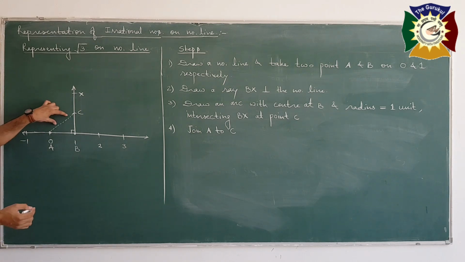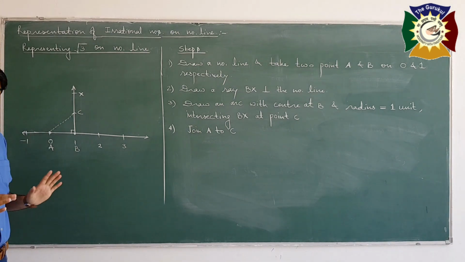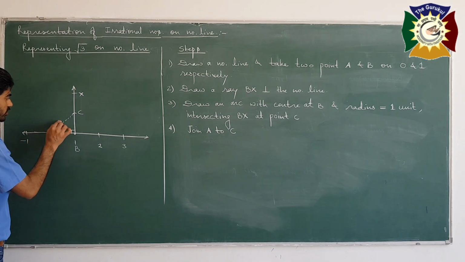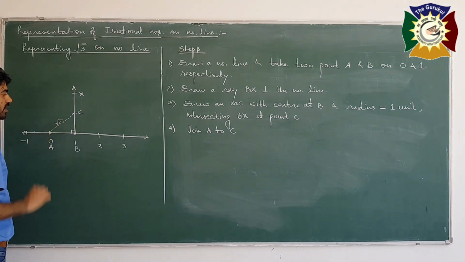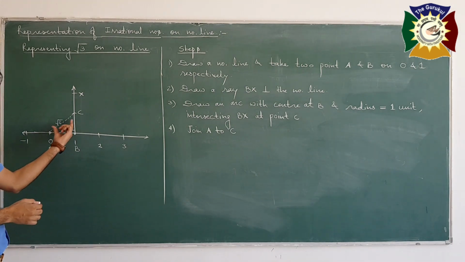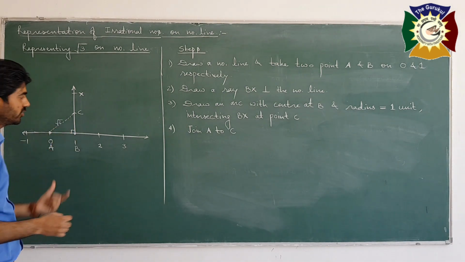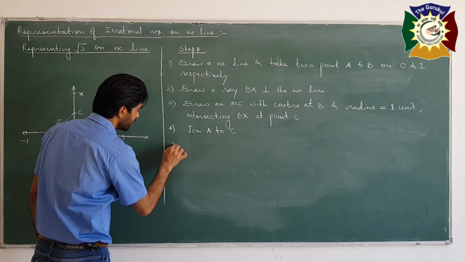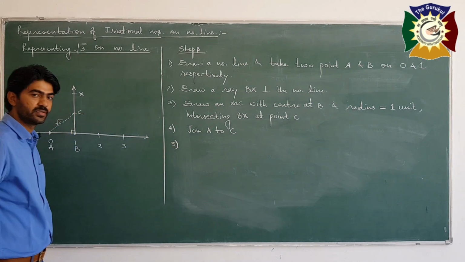Now this represents root 2, which we have earlier shown. If I take another ray perpendicular to this AC, now the fifth step, you have to concentrate, this step is very important.